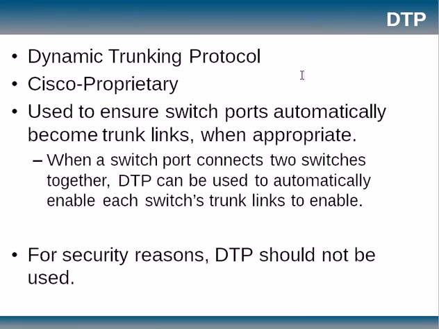Alright, now to get to something that's a little unsafe to use in most circumstances, and that's Cisco's proprietary Dynamic Trunking Protocol, DTP. Don't use it in the real world. It does have its uses, its benefits, but for security reasons, there's just too much downside to this. Basically, you configure DTP on every interface, and then the switch will use DTP to figure out whether we need to be a trunk link or an access port.